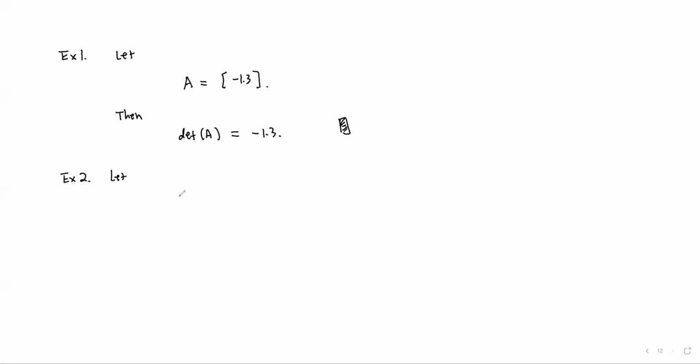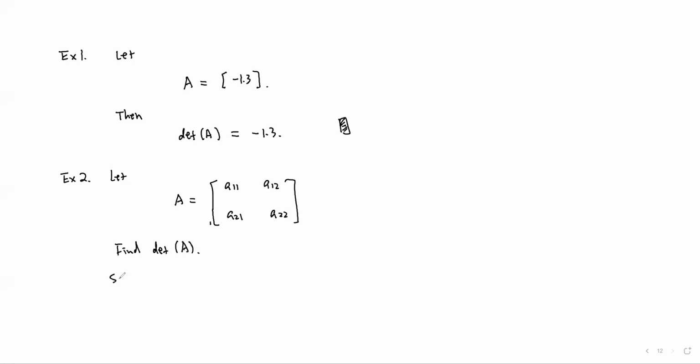Example 2. Let A be a 2 by 2 matrix, say A11, A12, A21, A22. Now the question is to find the determinant of this matrix.